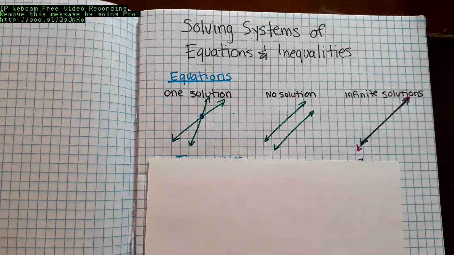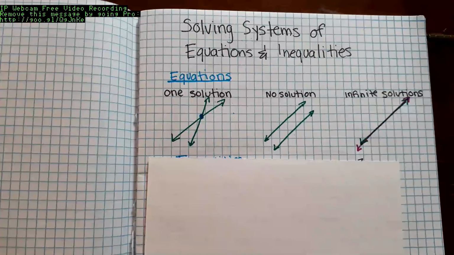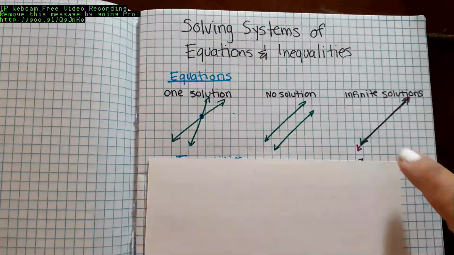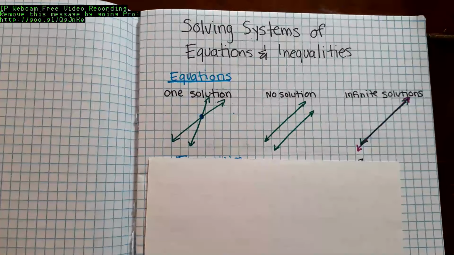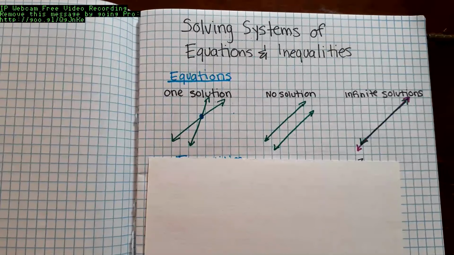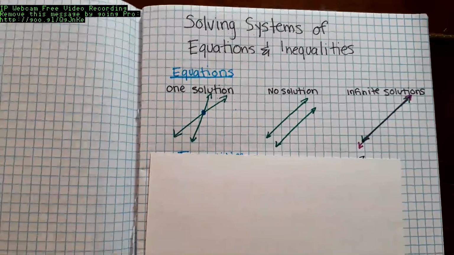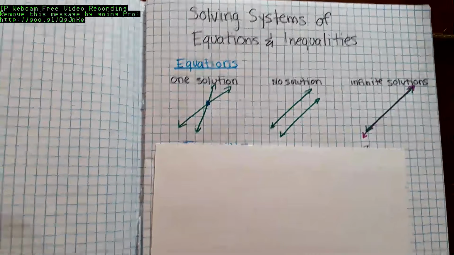So we're going to have the same line. Infinite solutions means that on these lines, every single point is going to be on top of each other, intersecting. Since these lines go on forever, they have an infinite number of solutions. Okay, so that's for equations.